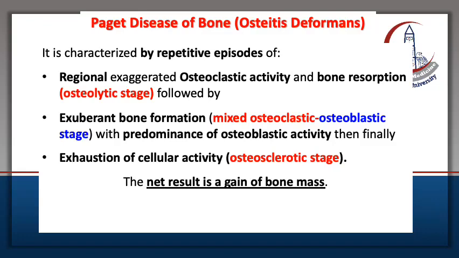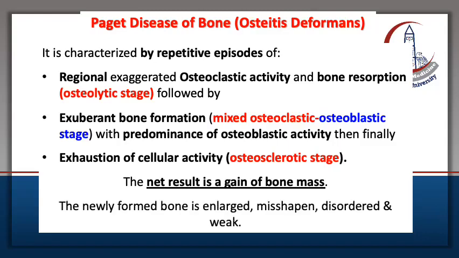Thus, the new bone formation is mosaic in shape and not properly formed, and although the newly formed bone is more than normal, it is weaker and brittle, and thus liable to multiple fractures and deformities.